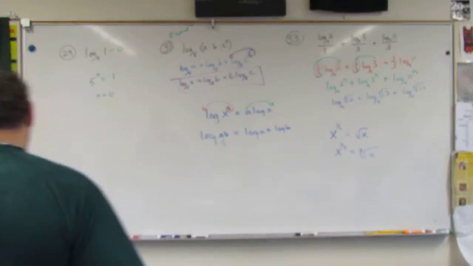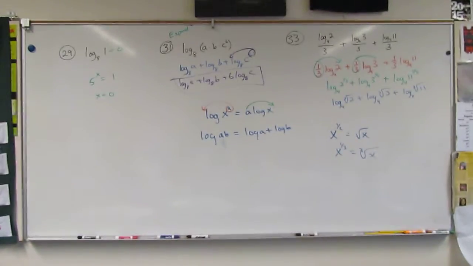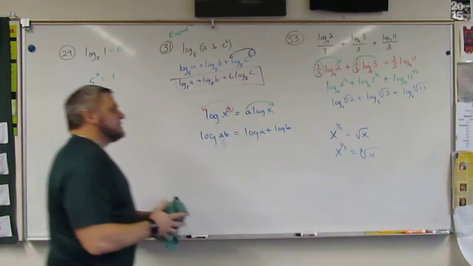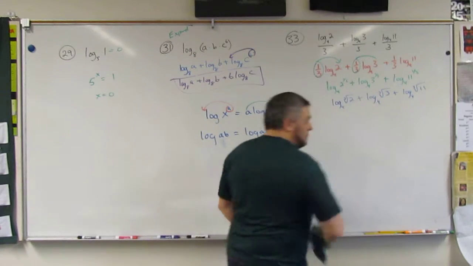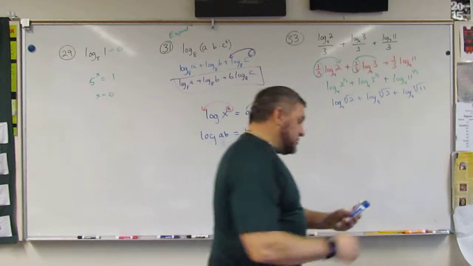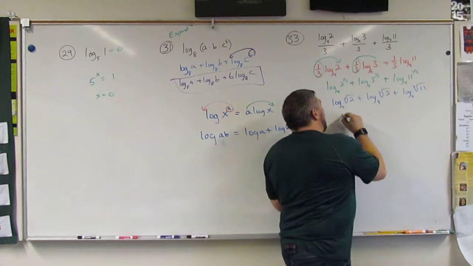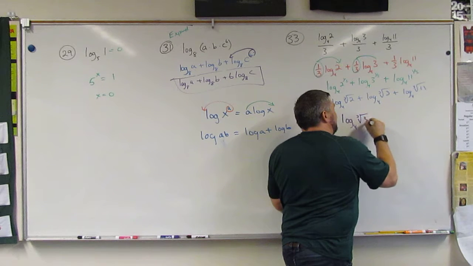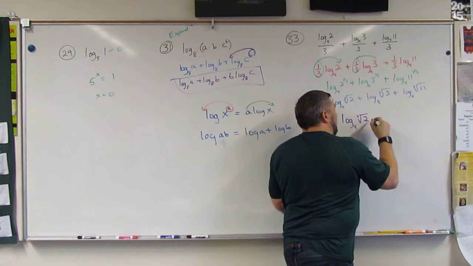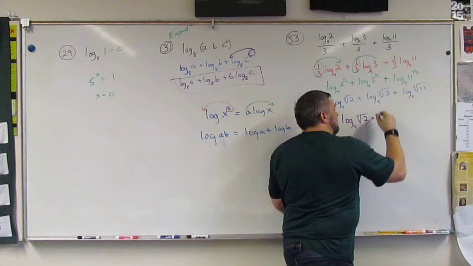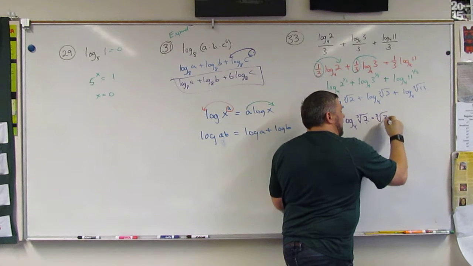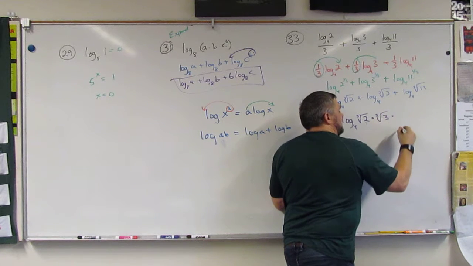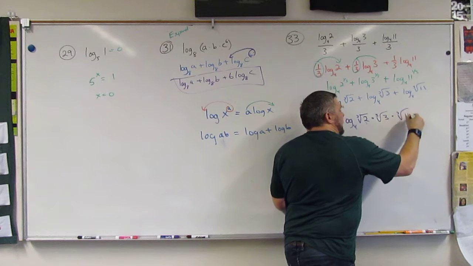Now what? What does it mean to be plus? Multiply. So log base 4 of the cube root of 2 times the cube root of 3 times the cube root of 11.